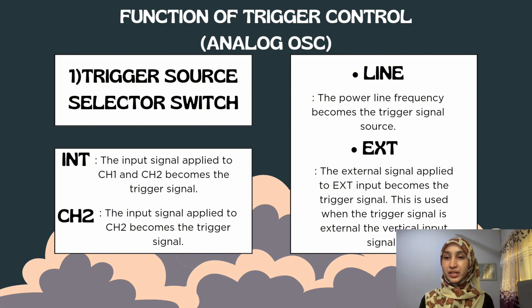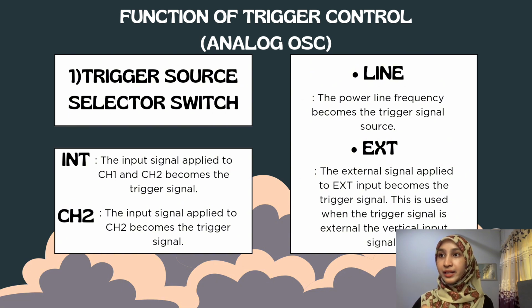Okay, the next question is function of trigger control, analog oscilloscope. The first one is the trigger source selector switch. CH1, the input signal of CH1 becomes the trigger signal. CH2, the input signal of CH2 becomes the trigger signal.